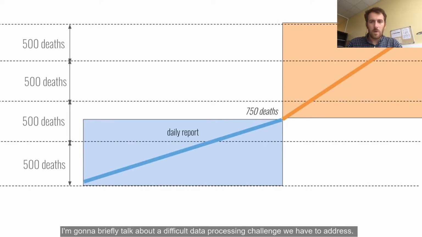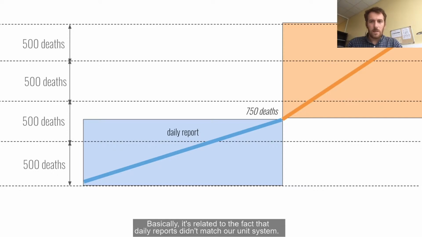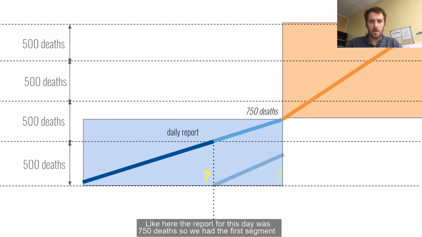I'm going to briefly talk about a difficult data processing challenge we had to address. Basically, it's related to the fact that daily reports didn't match our unit system. Like here, the report for this day was 700 deaths, so we had a first segment and another one, but how do you define when during that day 500 deaths have been reached?